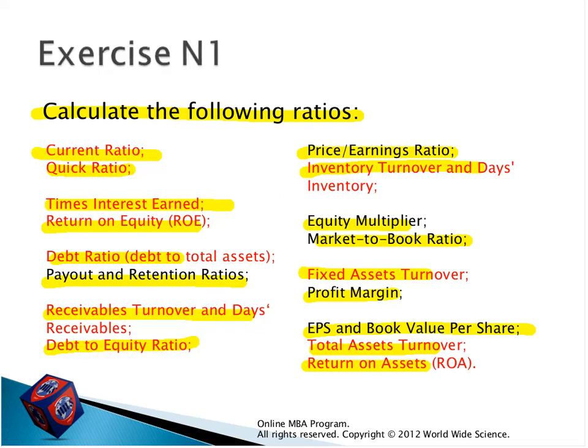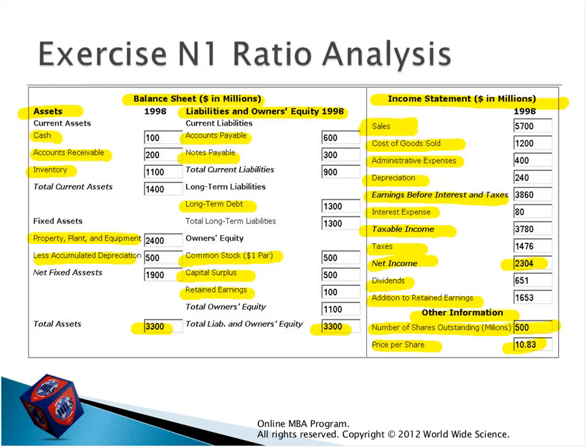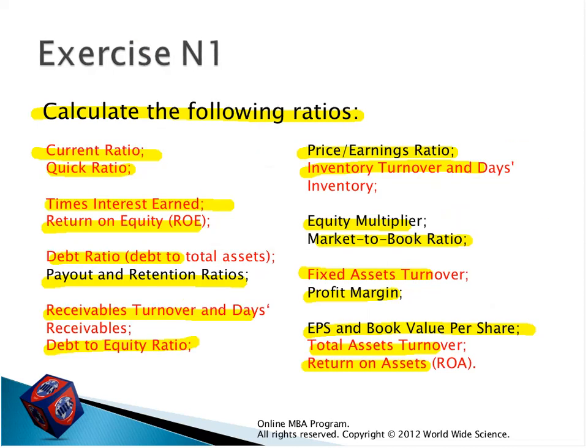Any questions so far about your homework assignment? You have a balance sheet, income statement, and the requirement of which ratios you should find. If you cannot find some ratios or formulas, then we can do it in the next class.